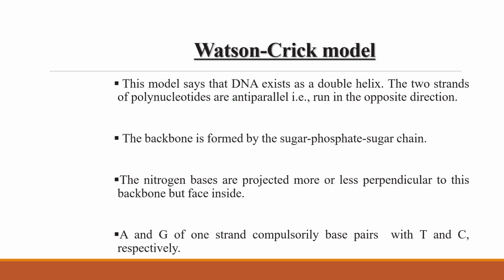And this double helical model of DNA was proposed by Watson and Crick, and for this very, very important work, they also got the Nobel Prize. And this model says that DNA exists as a double helix. In detail about this model, what kind of work they have done, what other scientists were also involved, who did the X-ray crystallography, that we will discuss in the genetics part.